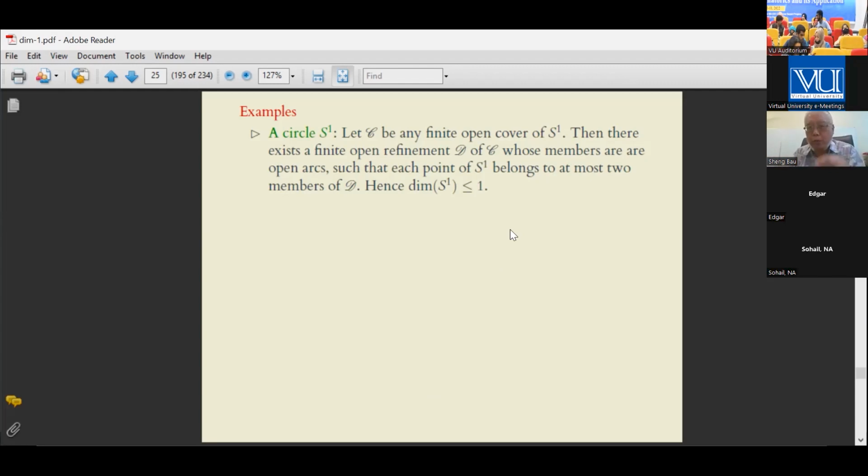For example, if you have three open arcs or 2 open arcs overlapping, they intersect on both ends, then this is a finite open refinement so that every point is in at most 2 of the members of the cover. This proves that S1 has dimension at most 1.